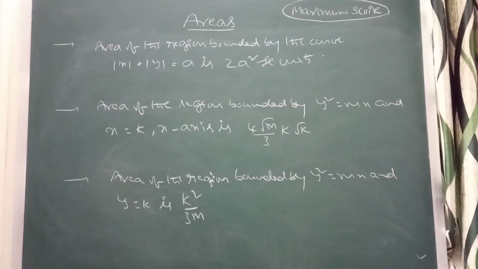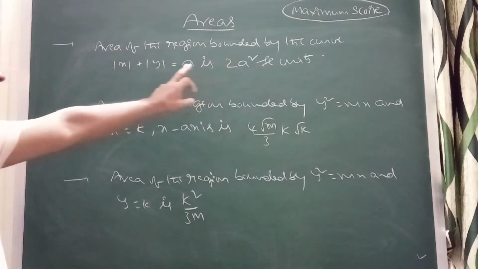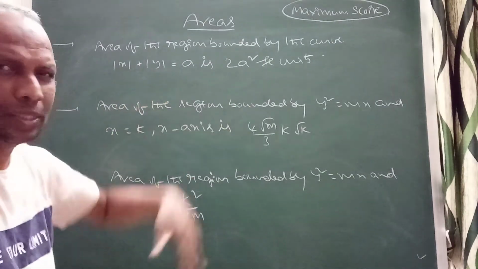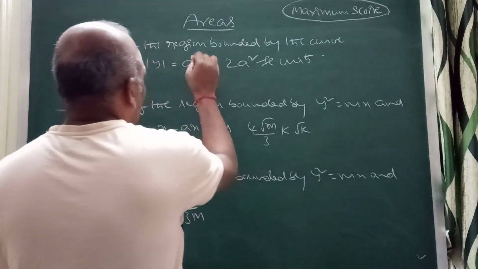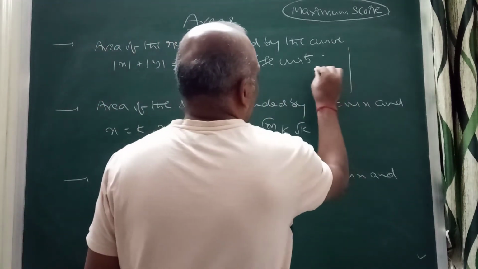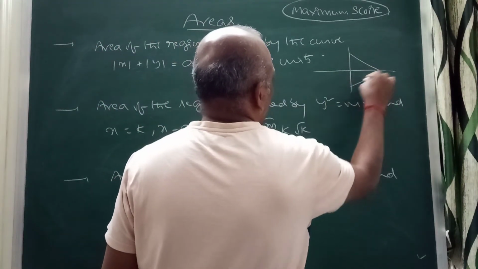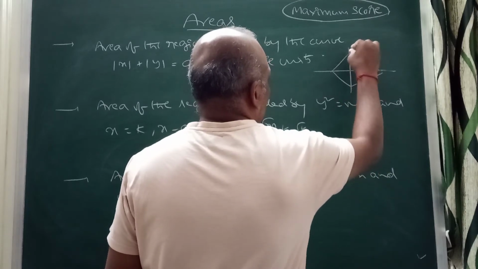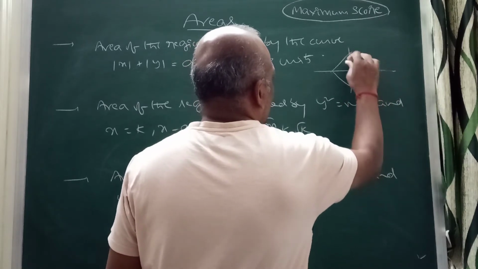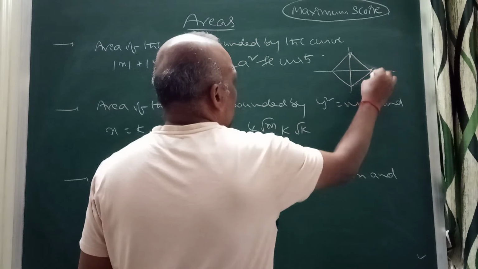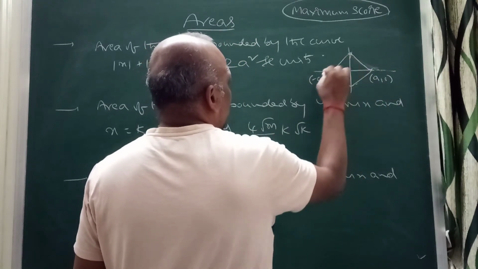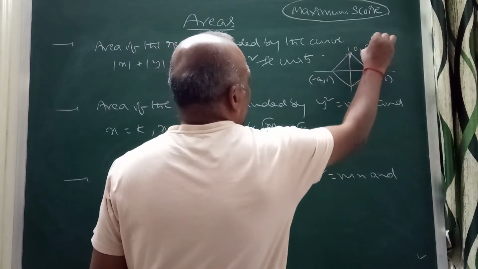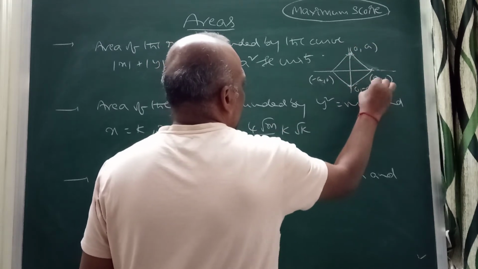So the most important 3 points. Here, the region bounded by the curve mod x plus mod y is equal to a. When they are talking mod x plus mod y is equal to a, you will get the curve like this. The 4 points come like this: a, 0; minus a, 0; 0, a; 0, minus a.